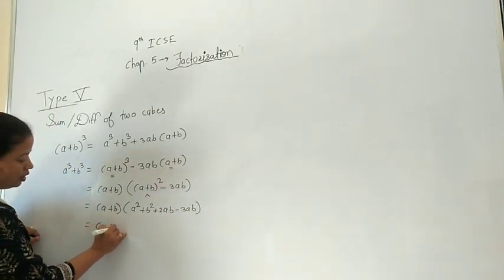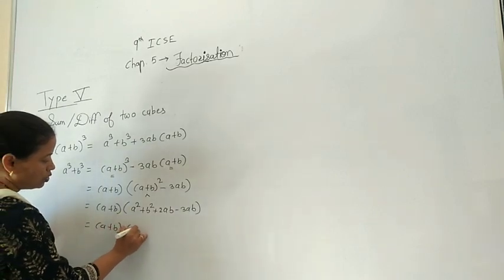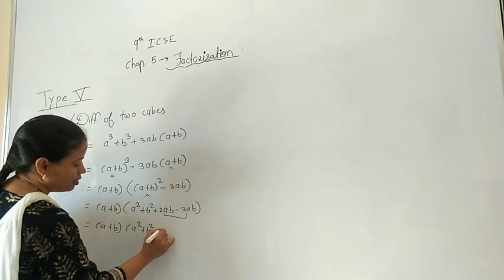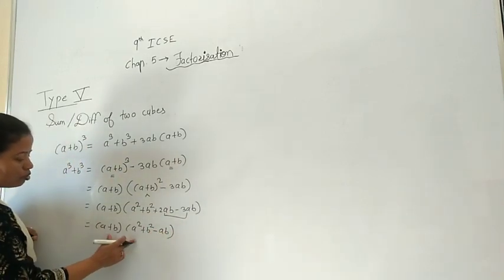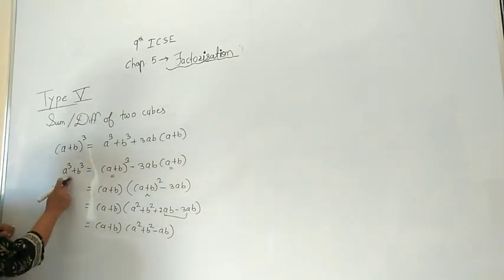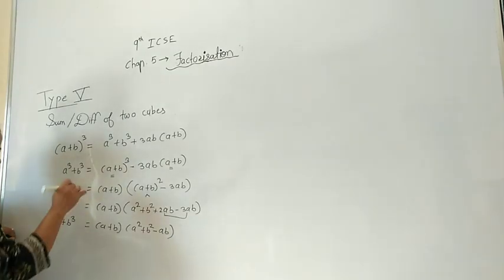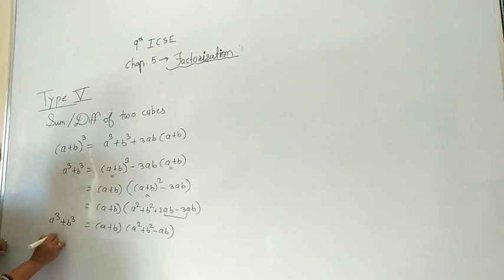So (a plus b) into (a square plus b square minus ab) is remaining. So these two are the factors of a cube plus b cube. Likewise, we have the factors of a cube minus b cube.